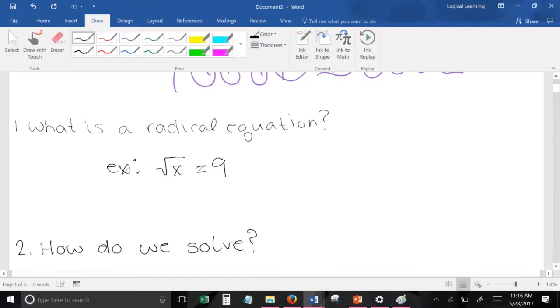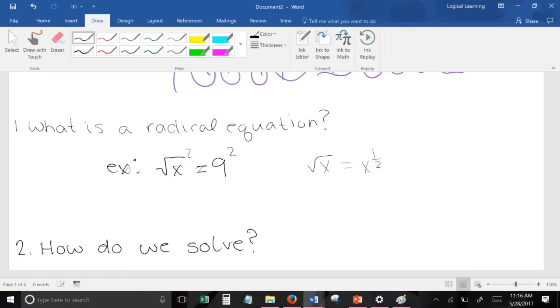Now we can see, how do we solve something like this? Well, if we square both sides, we can think of the square root of x as being x to the 1/2. So when we take the square, remember that with exponents, when we are squaring it like this, that's multiplying.